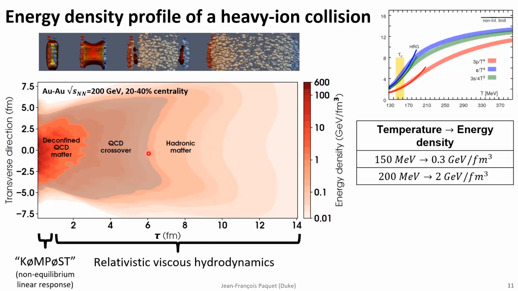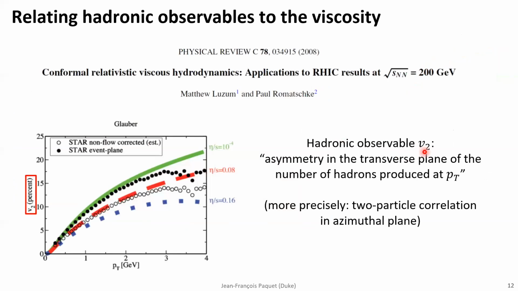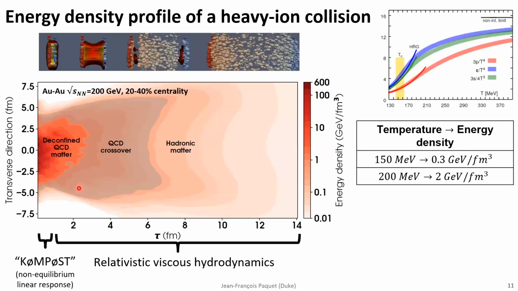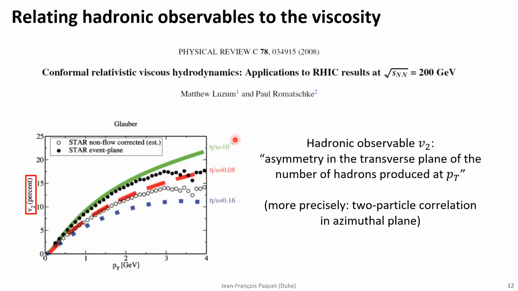This is an anisotropy factor for your number of hadrons coming in these two different directions. And the viscosity tends to even out those differences. So even if you have differences at early time, it tends to even them out. So it has a large effect on this v2 observable, this momentum anisotropy observable.